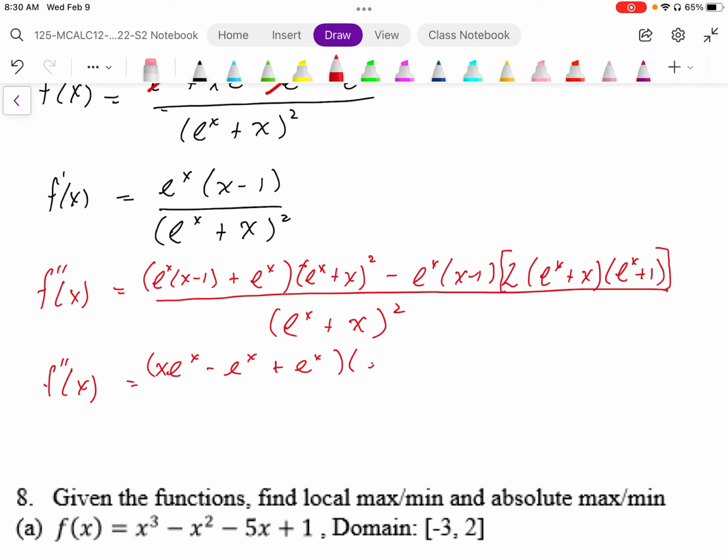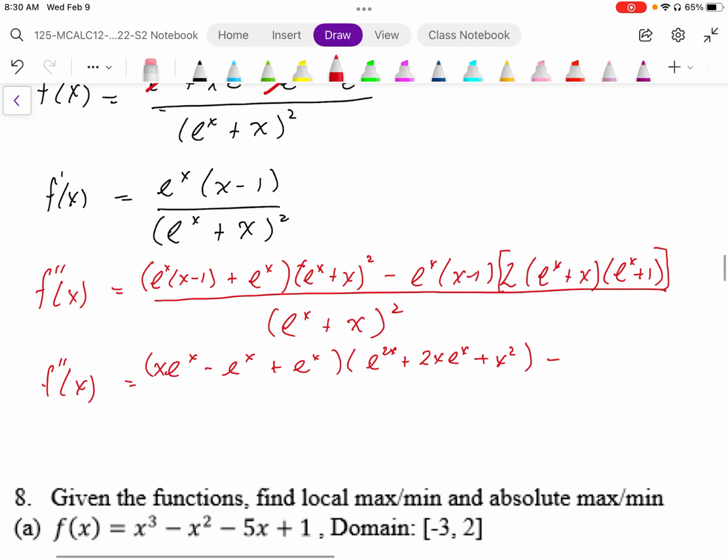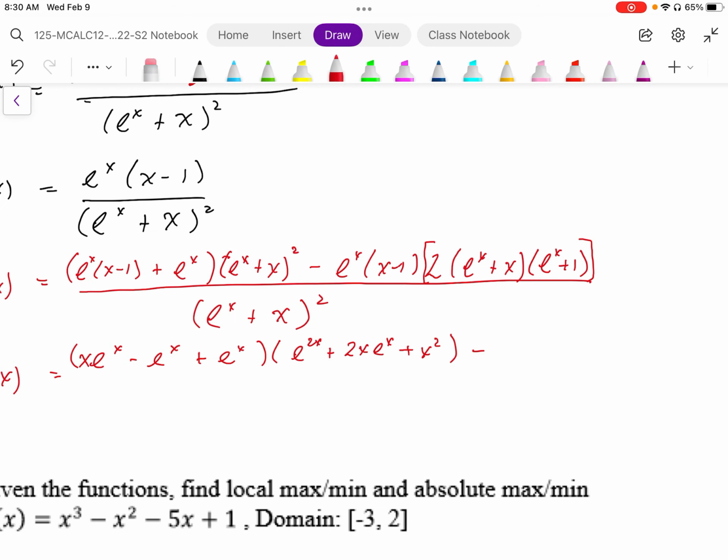I'm going to expand this out, e to the 2x plus 2x e to the x plus x squared, okay, minus, now this looks a little bit messy, so I'm going to e to the x, so x e to the x minus e to the x.